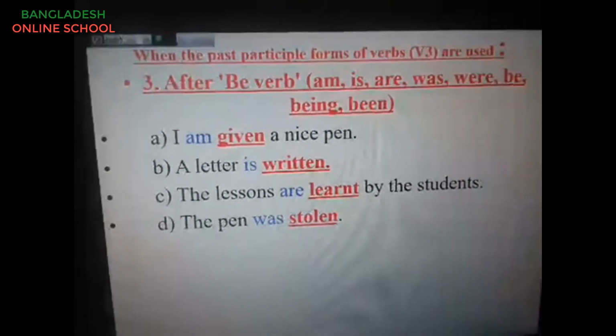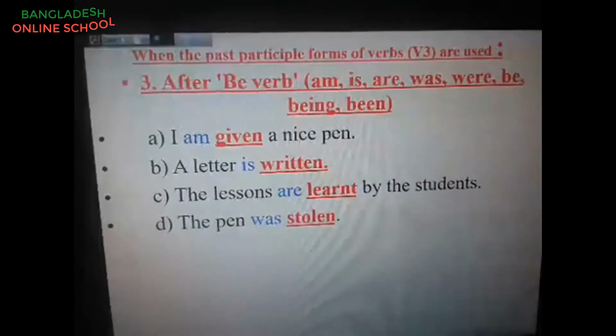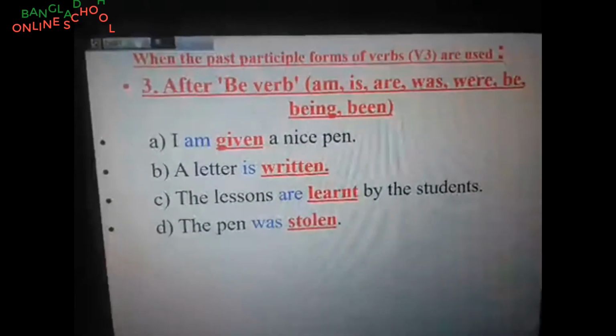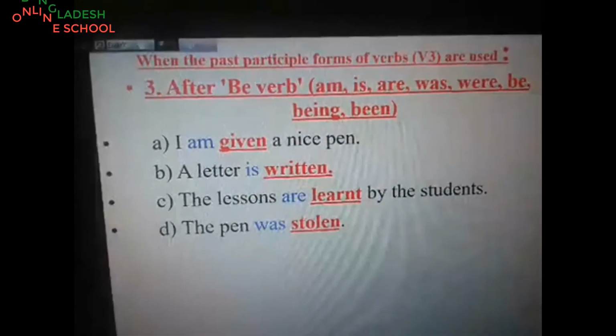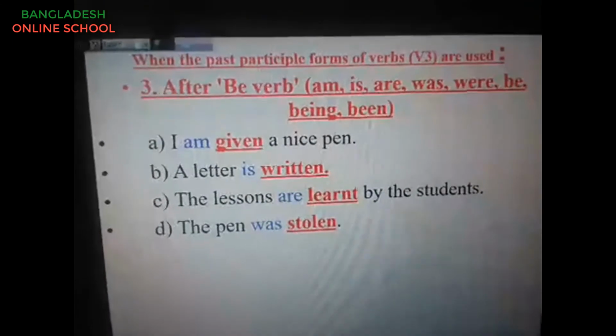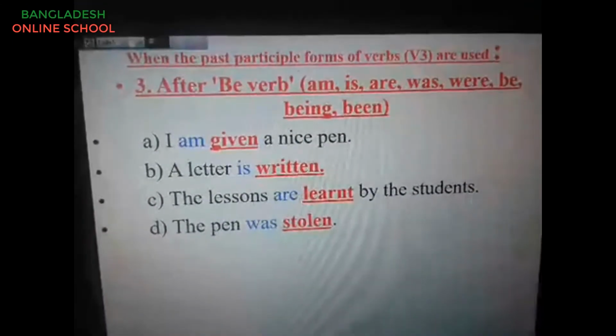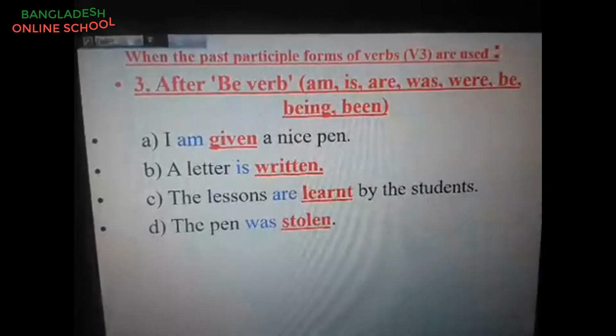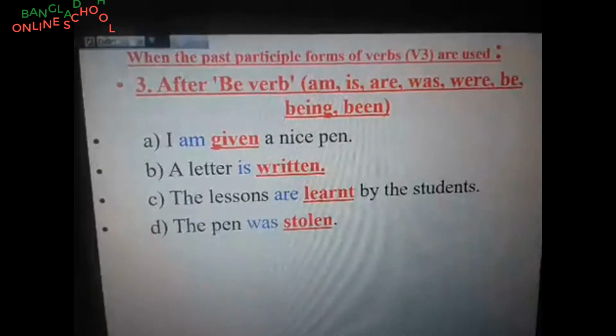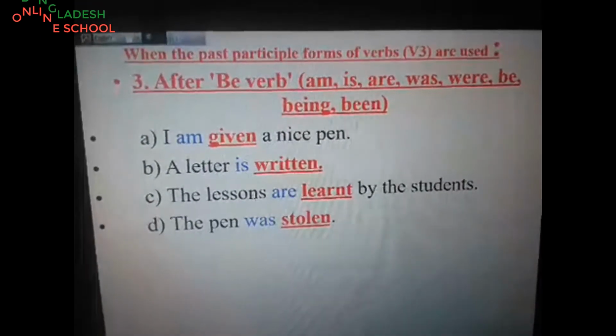The pen was stolen. Here, pen is a non-doer because a pen does not perform the act of stealing. That is why after was, the past participle form stolen is used.